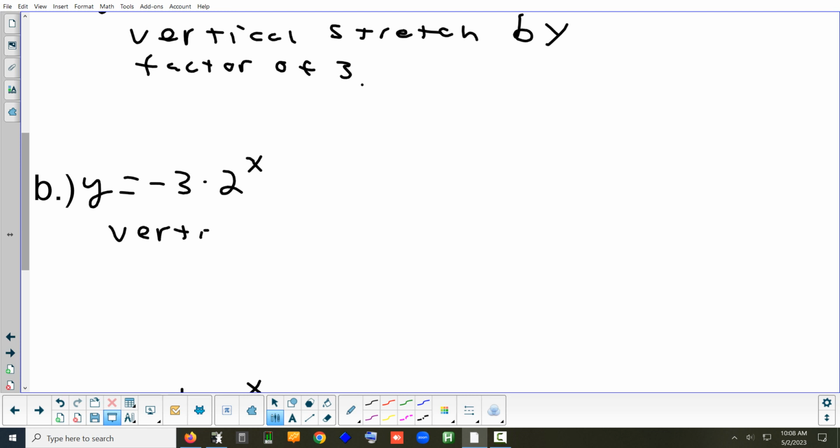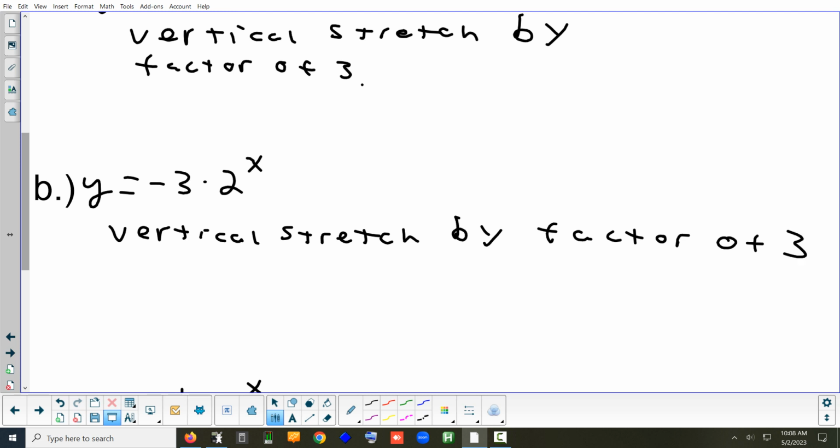And it reflects over the x-axis. So vertical stretch by a factor of, and the number you always fill in there is positive. If there's a negative, we're going to write a separate sentence about it. Just look at the number, and it's a 3. So vertical stretch by a factor of 3, and then you have to say reflect over the x-axis.